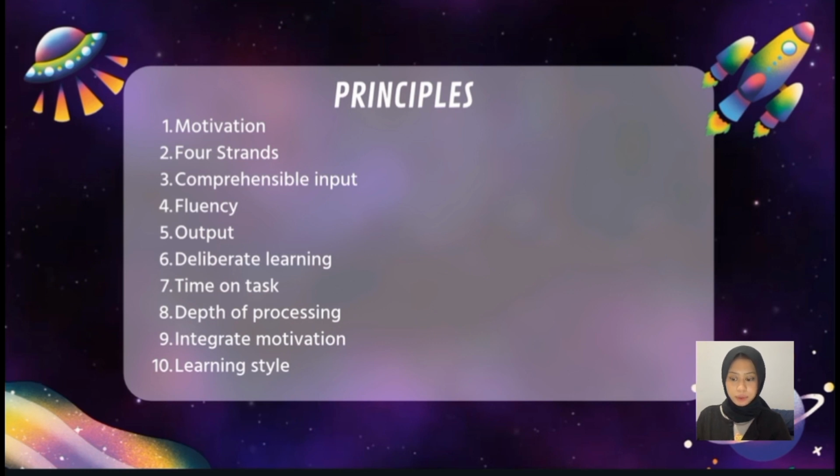The learners should be pushed to produce language in both speaking and writing over a range of discourse. And sixth, deliberate learning, meaning the course should include language-focused learning on the sound system, spelling, vocabulary, grammar and discourse areas.